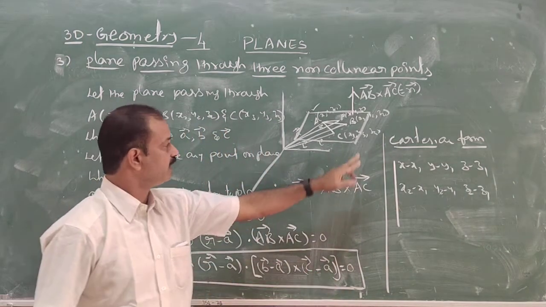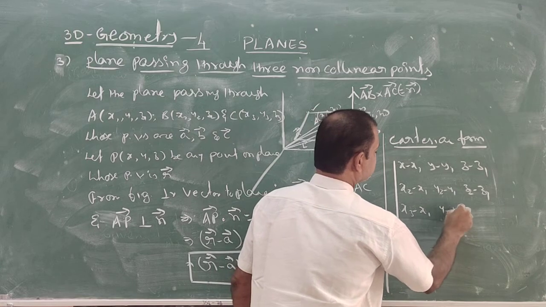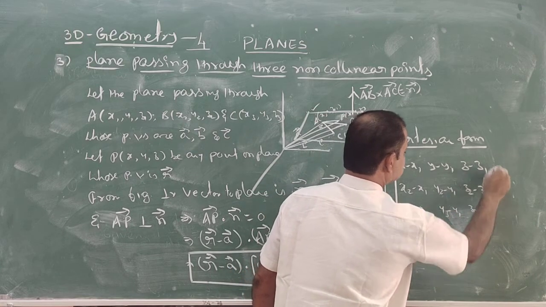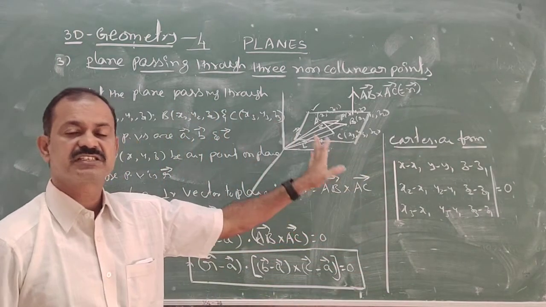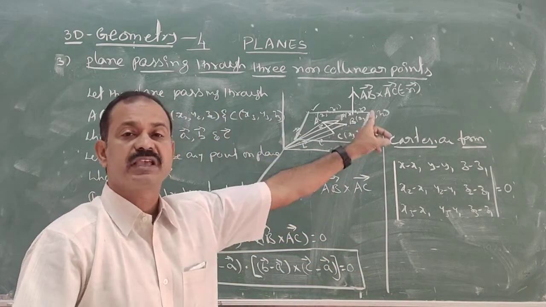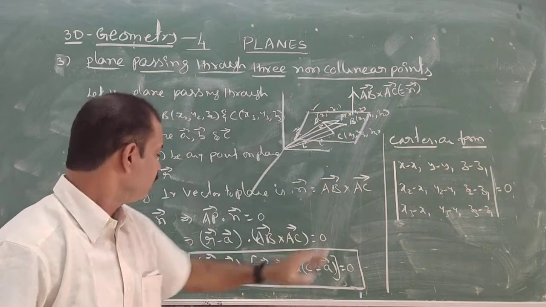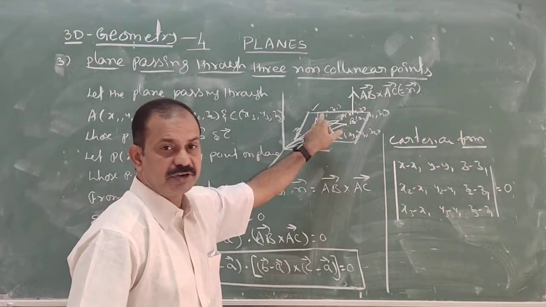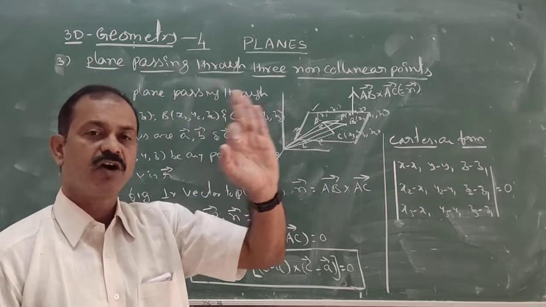Third row, C minus A: x3 minus x1, y3 minus y1, z3 minus z1, is equal to 0. When you use the scalar triple product as a determinant, this is the easiest way. All coordinates we have already written, so let me not write once again. So I hope these three are clear.